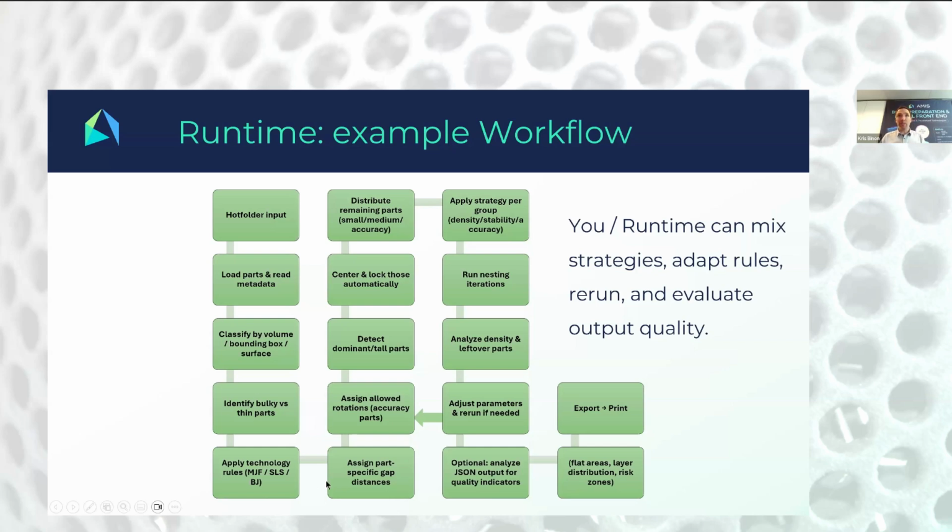You start playing around with the parts. You start saying, okay, these are allowed to rotate, these are not, depending on X, Y, Z, on your rules, basically. You're going to center parts. You're going to distribute remaining parts so that it fills up neatly. You're going to run nesting iterations, and you can loop back again as many times as you want here.